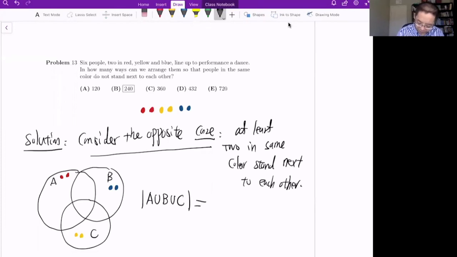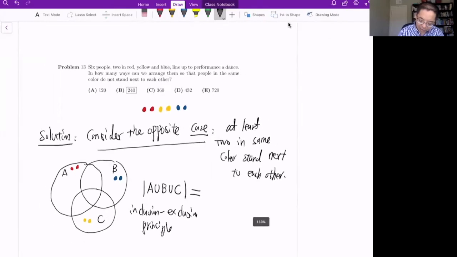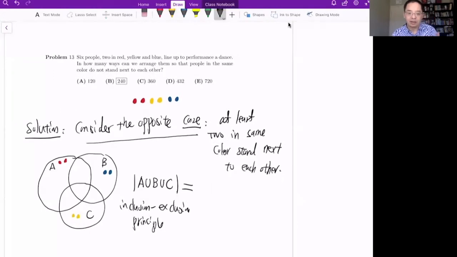So for here, we use the inclusion exclusion principle. We have a formula, right? So this is the inclusion exclusion principle. Okay. So the number of elements in the union equals the number of elements in A. So this just means the number of elements.